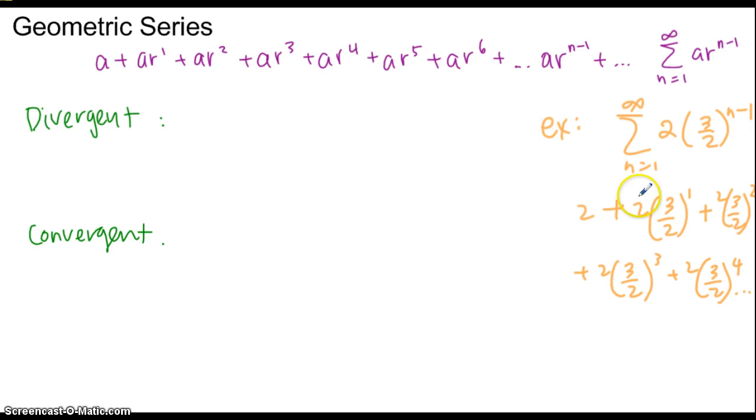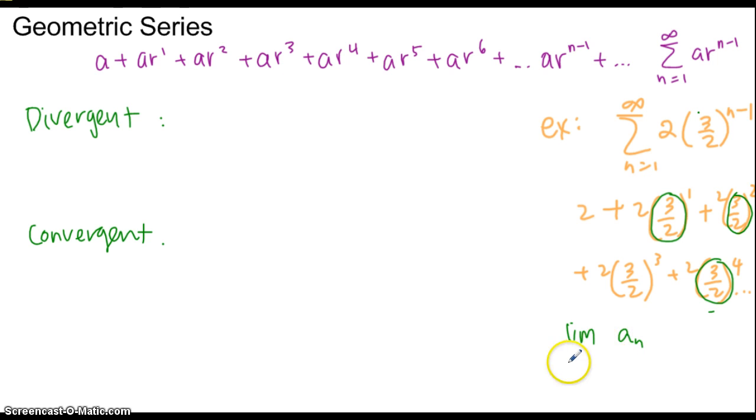Now, it's very easy to tell whether this series is convergent or divergent, because when this R, this base, or what we call the common ratio, is bigger than 1, notice what's happening. 3 halves times 3 halves times 3 halves times 3 halves is getting bigger and bigger and bigger. So each of the terms that I'm adding gets bigger and does not approach 0.